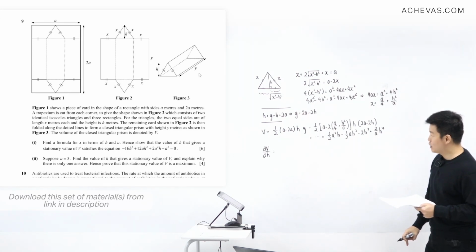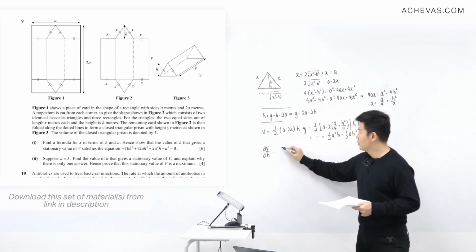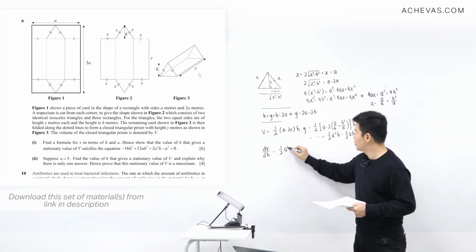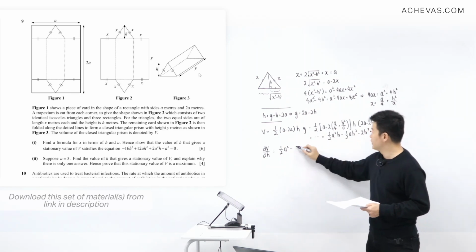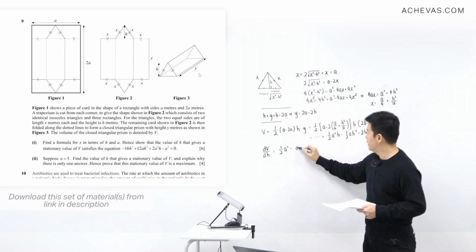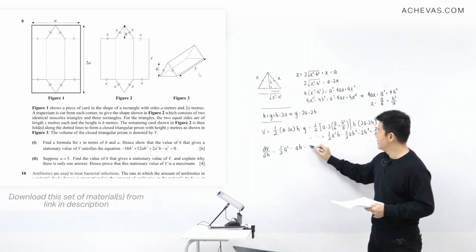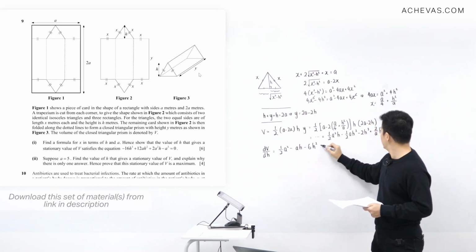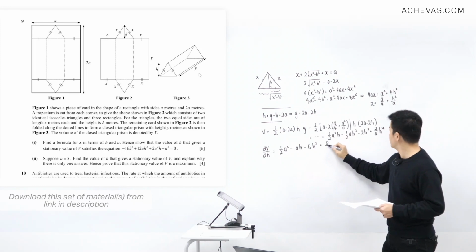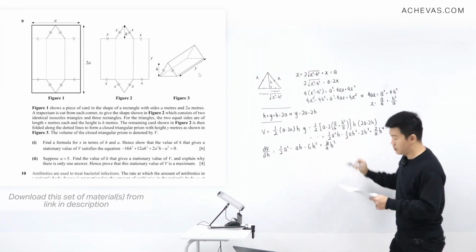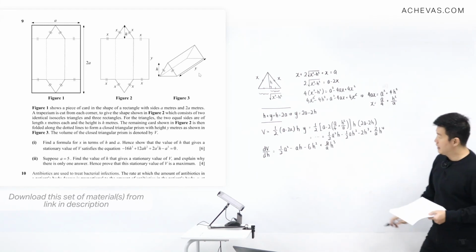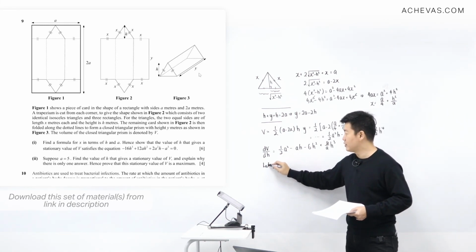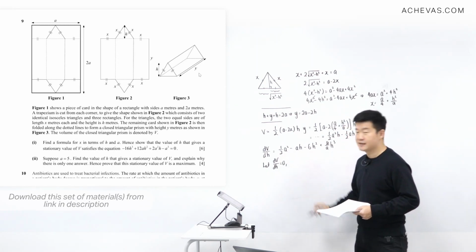So dV/dh is going to be equal to 1 over 2 a squared, differentiating this, minus half times 2 is just a h. Then minus this will be 6h squared. Then plus this is going to be 8 over a h to the power of 3. With this, I am going to let the stationary value of v, dV/dh, be equal to 0.